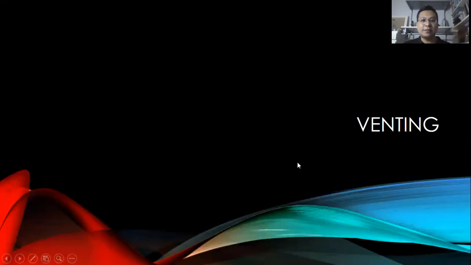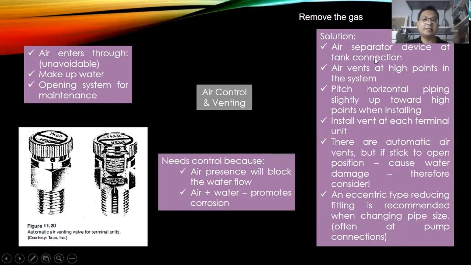And this is what I mentioned before about venting. Venting is one part, to remove the air trapped inside the system and release it to the outside, because air can reduce the pressure inside the piping.